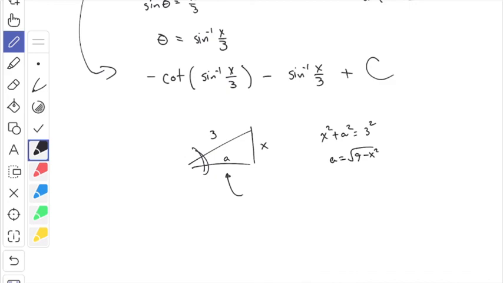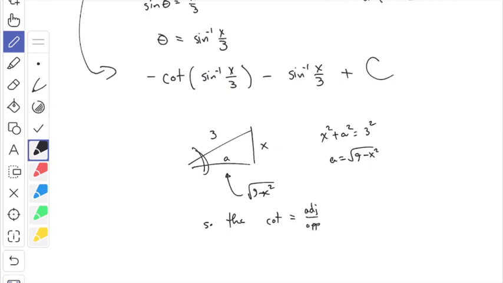Actually, this looks familiar. That's the thing that we were talking about at the beginning of the problem. That should not be a surprise. The square root of 9 minus x squared is already something that's relevant in this problem, so it's not a surprise to see that appearing again. Anyway, what is the cotangent of this? The cotangent is the adjacent over the opposite, right?